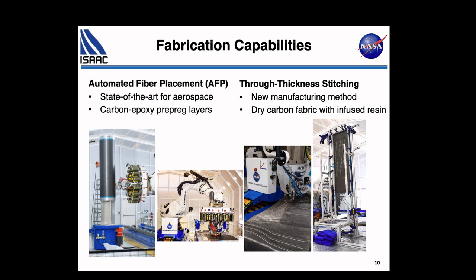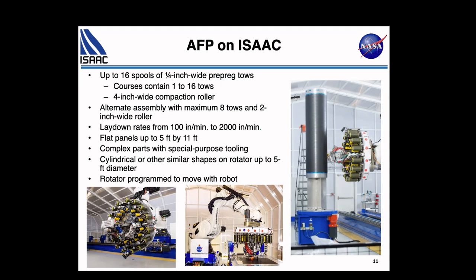The issue with composites is that layered material tends to be very weak in the thickness direction. And so what we're coming in here with through thickness stitching is putting threads through the thickness of the material to strengthen in that direction, instead of having to come in and drill holes and put in fasteners. And I'll talk about that in some later slides.